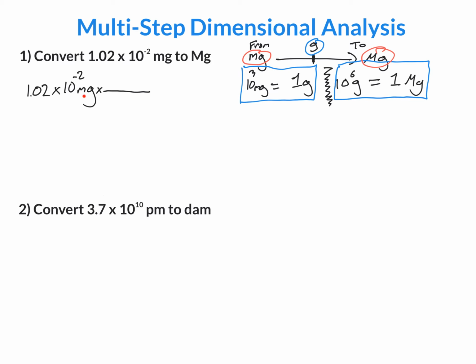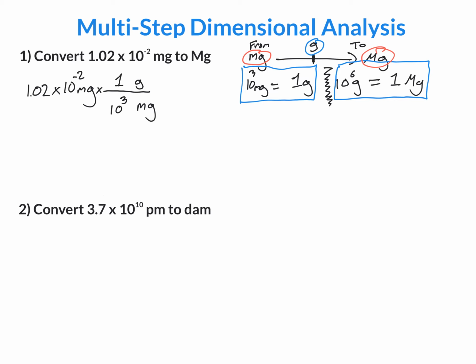We say, okay, milligrams is here. That must go down in the denominator. We find in our conversion factor where milligrams is, and we say, oh, 10 to the third must go down with it. And for that conversion factor, what goes on the top? Well, 1 gram is equal to it.